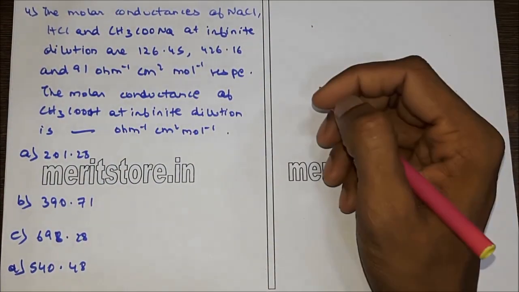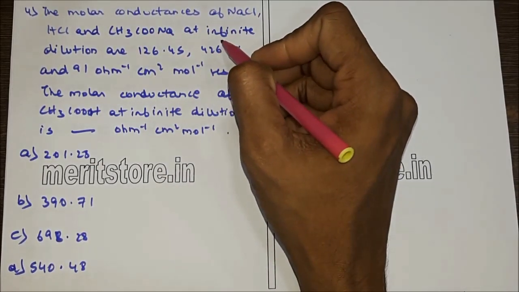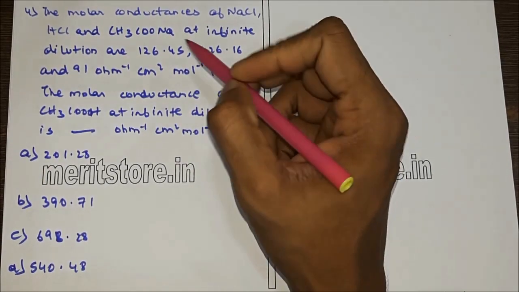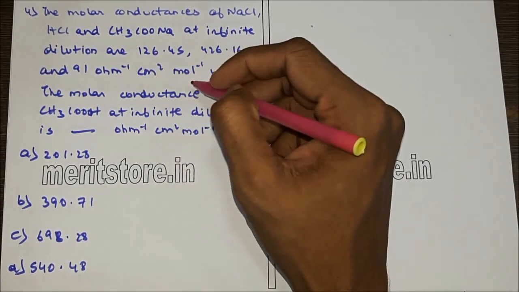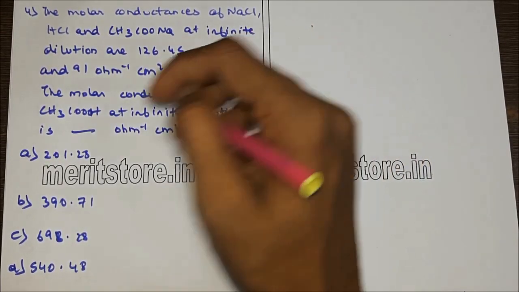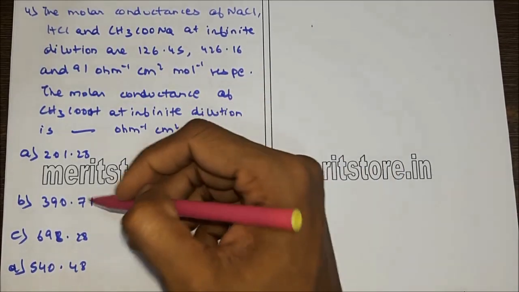Question 4. The molar conductances of NaCl, HCl and CH3COONa at infinite dilution are 126.45, 426.16 and 91 per ohm centimeter square per mole respectively. The molar conductance of CH3COOH at infinite dilution is, we're given four options.